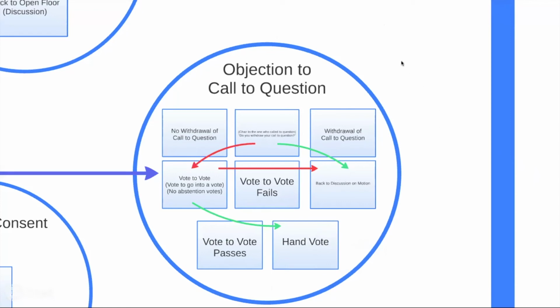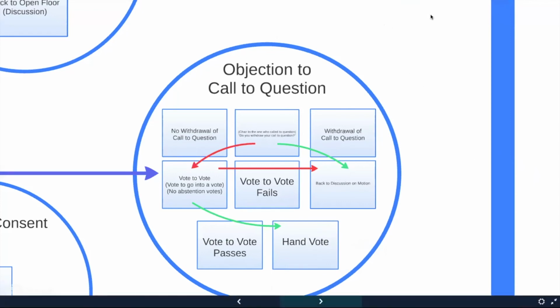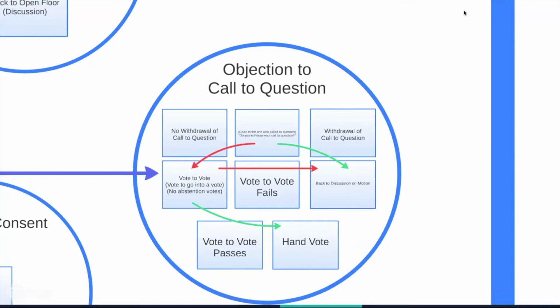Yeah, do the red X if you want to vote no on our example vote to vote. Okay, there are 3 red X's. That means the vote to vote passes. So we're now going to go into a hand vote. So if everybody wants to clear their raised hands.